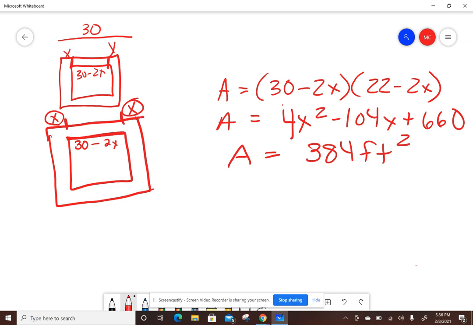From here to here, it's 22. But this part is x and this part is x. So this side right here would be the 22, the whole thing, but I have to subtract x and x. So this is 22 minus 2x. So to get the area, I multiply those two, and that would be the area of the swimming pool inside.